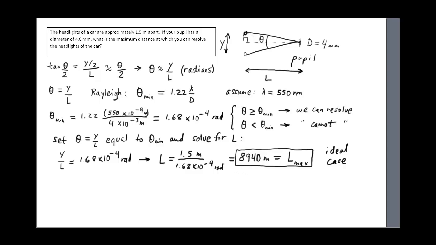And so this is really an ideal case, and L is actually less due to, as I've said, atmospheric scattering of light.